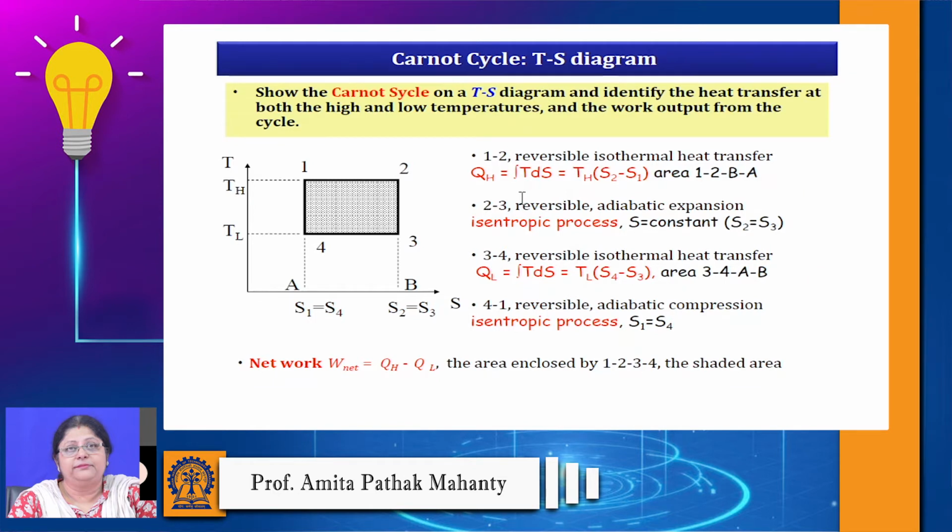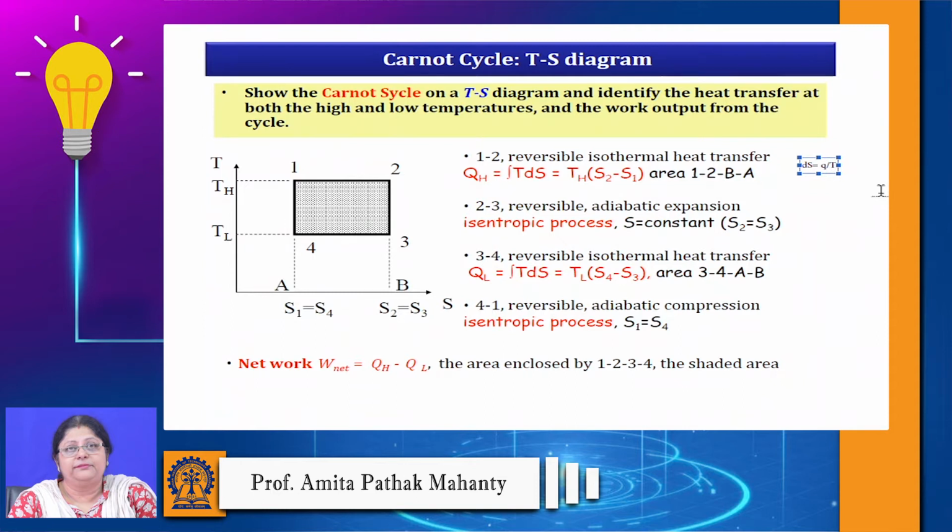If I write it in terms of delta S, Q will be T delta S. And what is the delta S corresponding to? This is S1 and this is S2. So the area under 1, 2 and AB will give you the measure of the heat transferred isothermally, right?